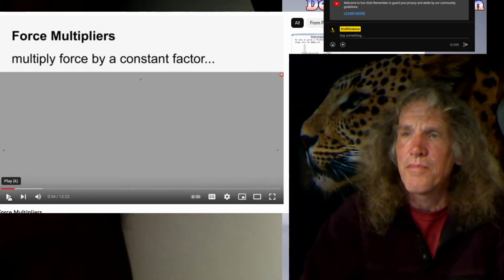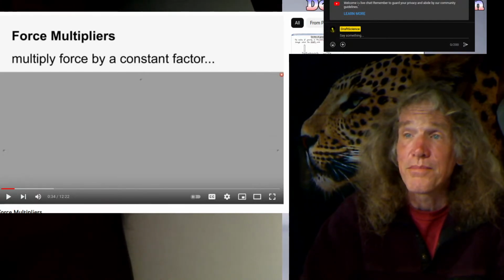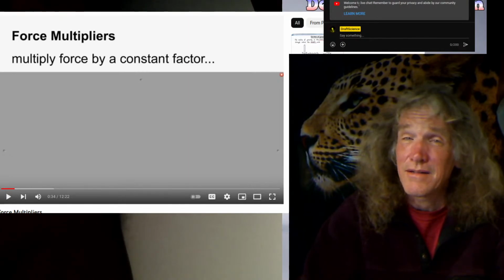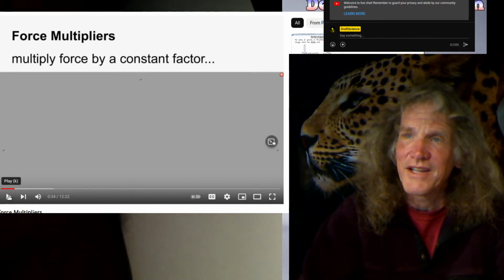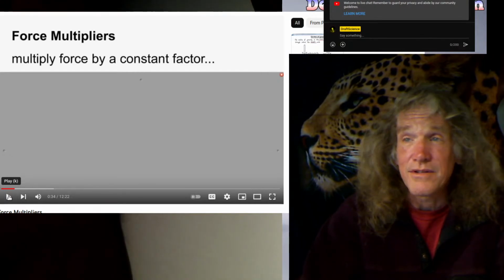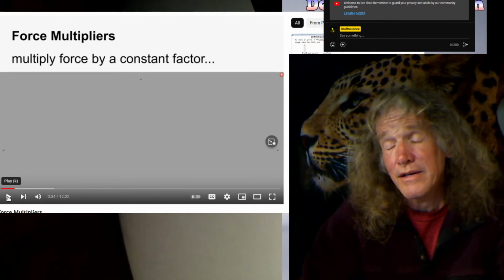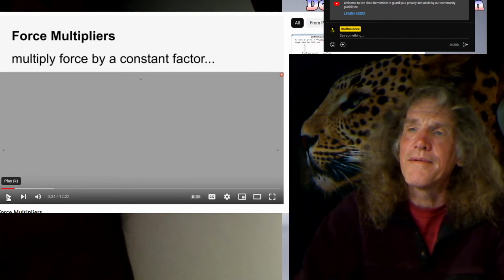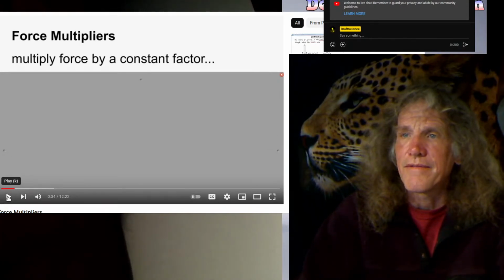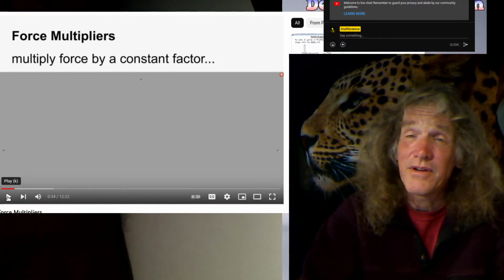But it's really just momentum conversion. So you're not going to be able to multiply a force. You can't. That's free energy, or it's wasted energy in the opposite direction. You can't create energy, and you can't destroy it. So we really shouldn't be using language like force multiplier, because it's not very useful.